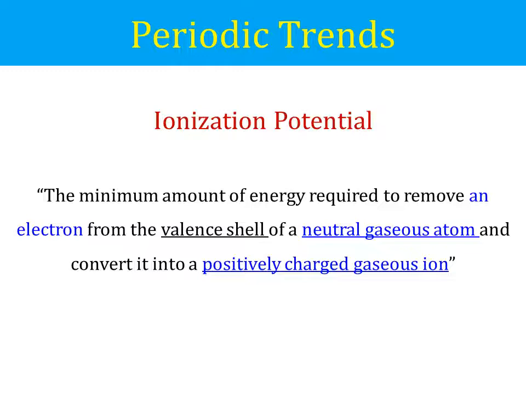So what I have to do is remove an electron. That is the only step accepted with ionization potential. I have to remove an electron from the neutral gaseous atom.